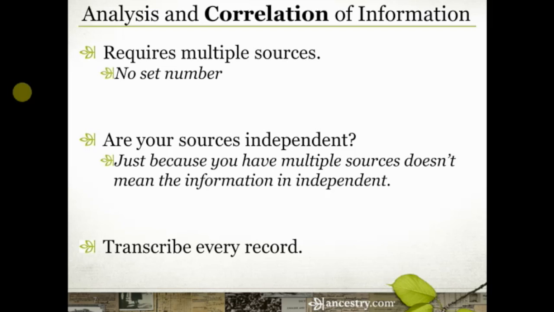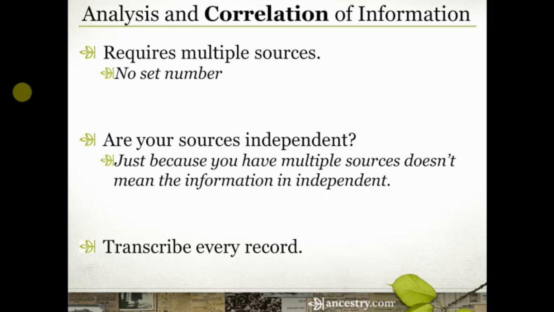Now, one of the other things that I do, and if you've spent any time with me, you're aware of this, is that I transcribe every record I find. I do it directly into the notes in my Family Tree Maker program. There's also a notes feature in the Ancestry online trees. So I transcribe every record I find, every census record, every draft card, every tombstone, every tax record, every city directory, every record I find, I transcribe it, meaning I take whatever is on this record and I type it into my notes.